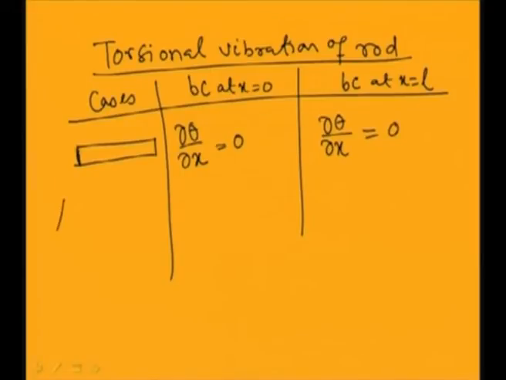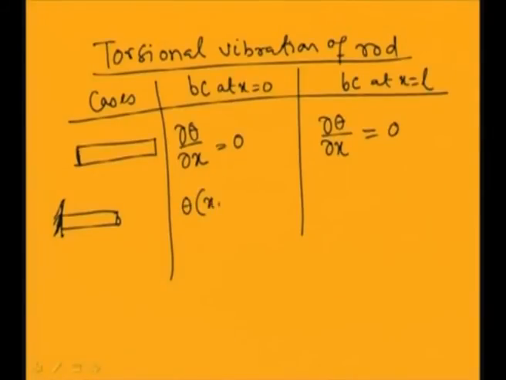If it is fixed, in case of a fixed rod, let the rod be fixed at the left end. In that case the displacement will be 0, that is the rotation will be 0 when it is fixed at the left end.